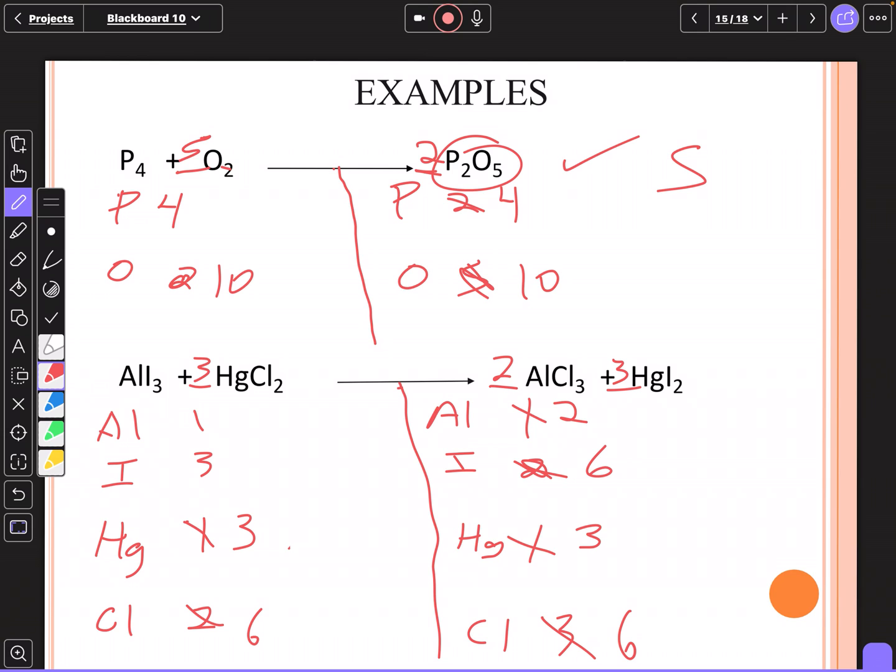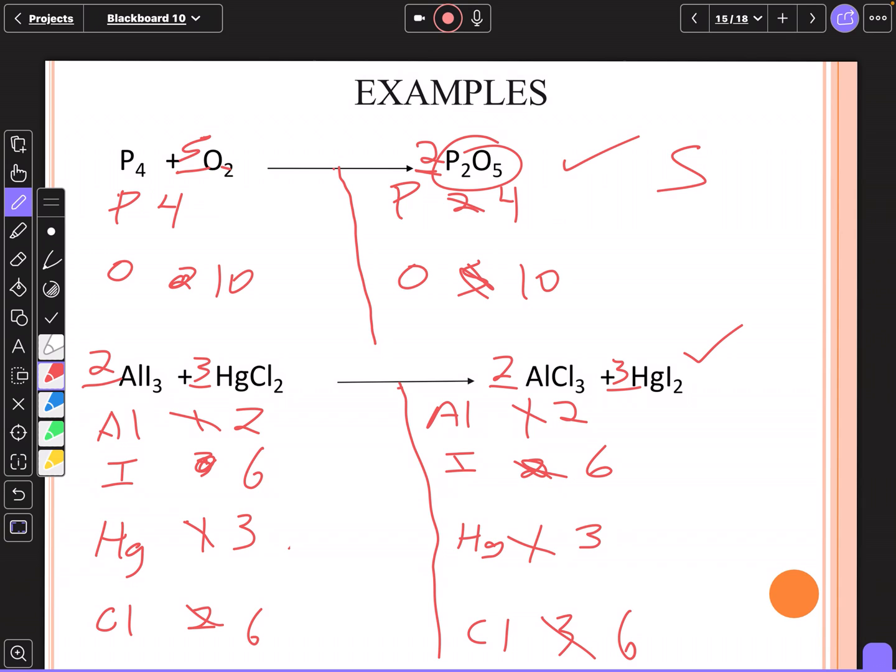If I notice my aluminums and iodines are not balanced, I got 2 aluminums on the right, I need 2 on the left, I need to go in here, put a 2, that gives me 2 aluminums, and then my iodines would be 2 times 3, which would give me 6, and that balances the equation right there. I got 2 aluminums on each side, 6 iodines on each side, 3 mercuries on each side, and 6 chlorines on each side. So that's balanced.